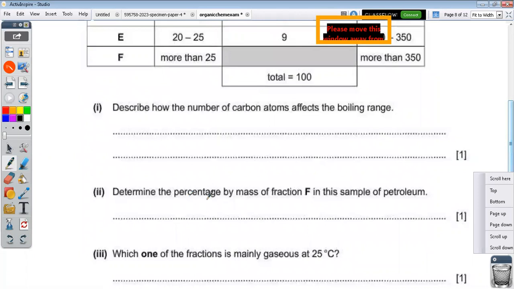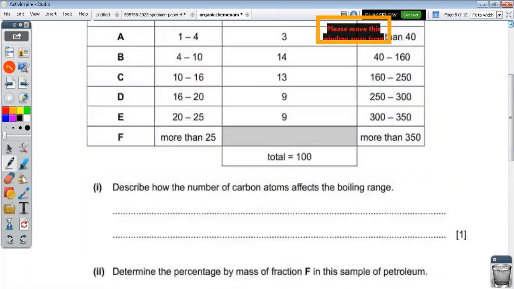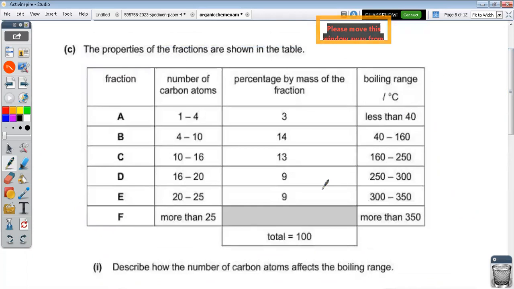Determine the percentage by mass of F. So how do you find it? It's easy. Percentage is the one that is missing. It's not difficult. What's the total here? 100.